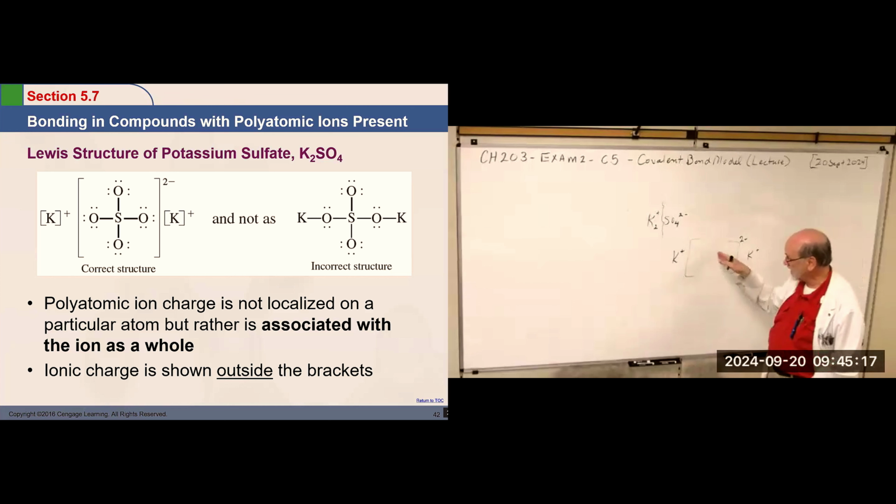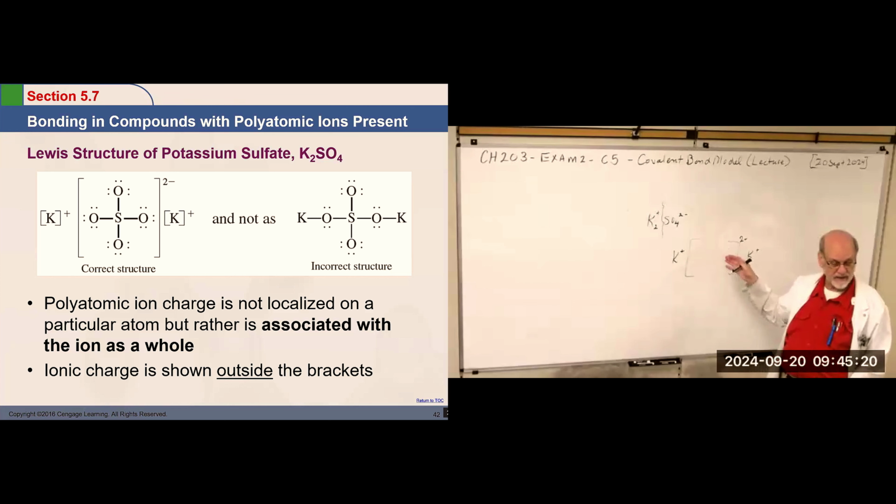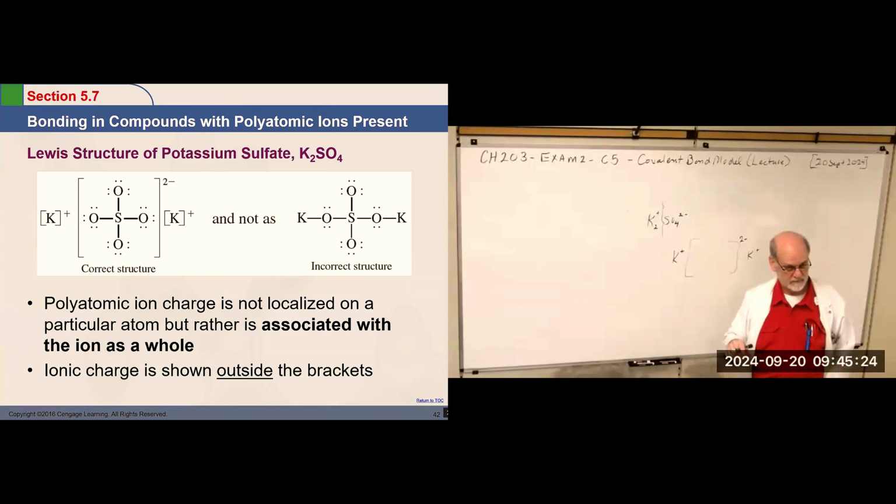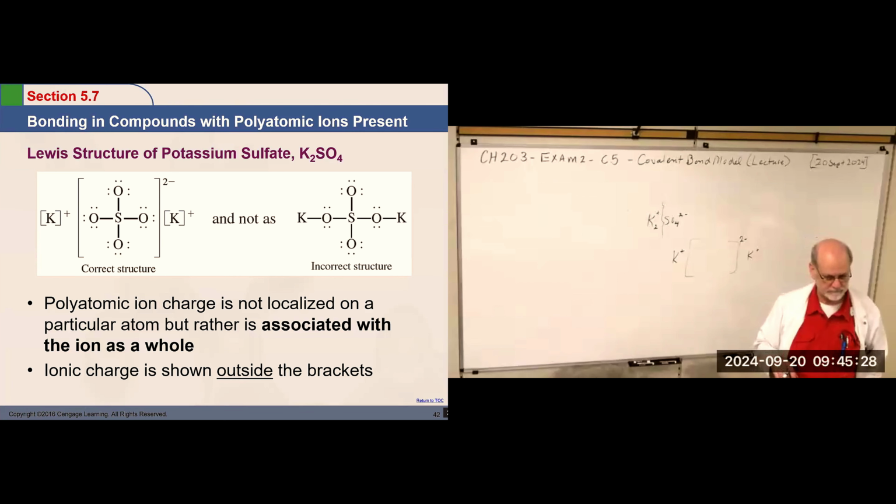Okay. Then within the polyatomic, that's where you would write the dot structure. Dot structures are only used for covalent compounds. Well, they're used for covalent entities that may be in ionic compounds like this.